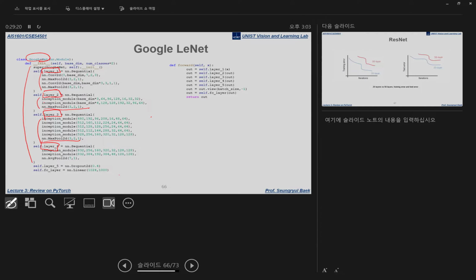Layer 2 has 2 Inception modules and then max pooling. Layer 3 has 5 Inception modules and then max pooling. Layer 4 also has 2 Inception modules and average pooling. Here you can see they sequentially apply the layers they defined, do some flattening, and apply the FC layer to get the final output. Are you guys following that? Yes, this is the GoogLeNet architecture, and it works slightly better than the VGG network.